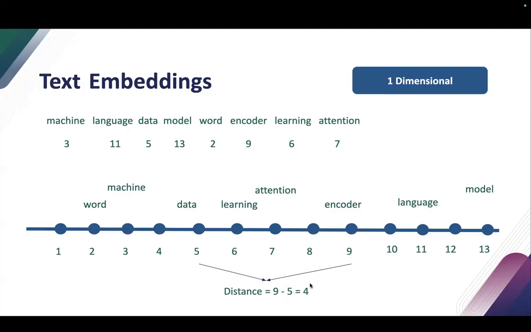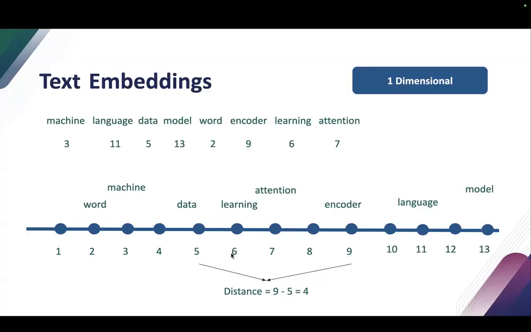Now if we want to compute the distance between two words, for instance, between encoder and data, we would do 9 minus 5, and that would be 4. And if we wanted to compute the distance between attention and learning, it would be 7 minus 6, that would be 1.